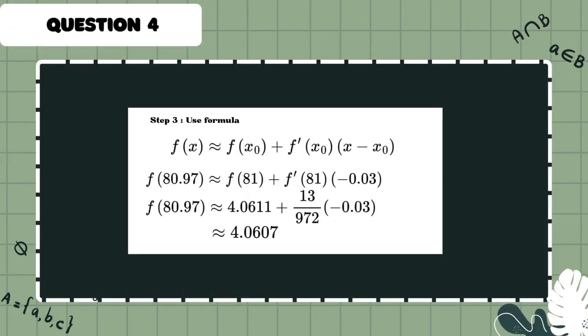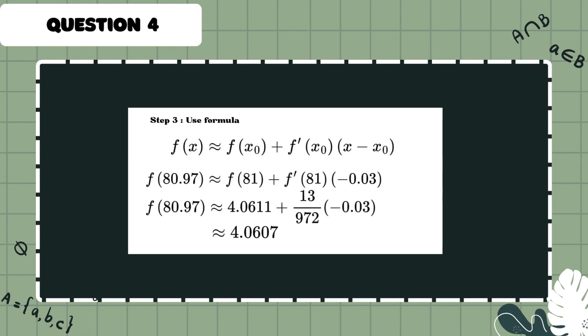For step 3, we apply the linear approximation formula, where f of x is approximately equal to f of x naught plus f prime of x naught multiplied by x minus x naught. So for f of 80.97, we substitute f of x naught with 4.0611 and f prime of x naught with 13/972, while x minus x naught is negative 0.03.